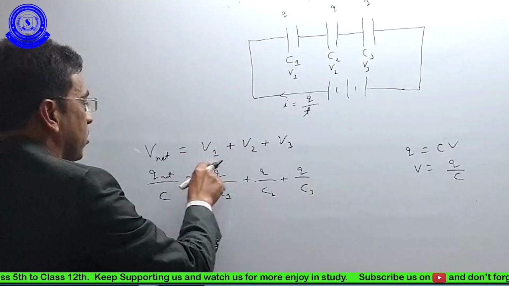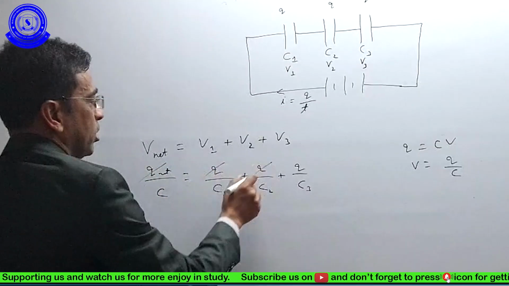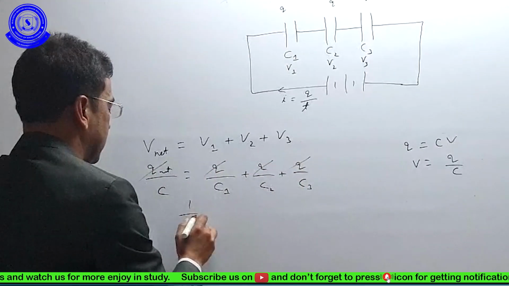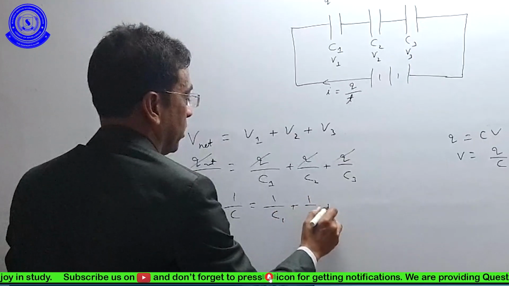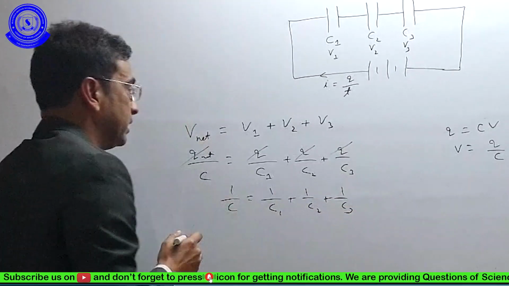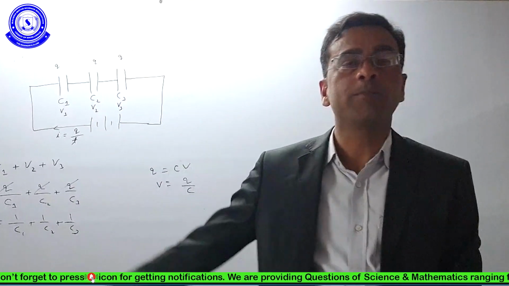Again Q is the same for this condition, so this Q will be terminated out, and we see it is equal to 1 by C1 plus 1 by C2 plus 1 by C3. For series combination, we have a reciprocal addition.